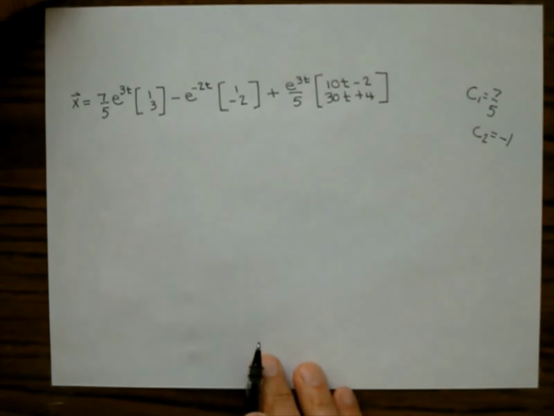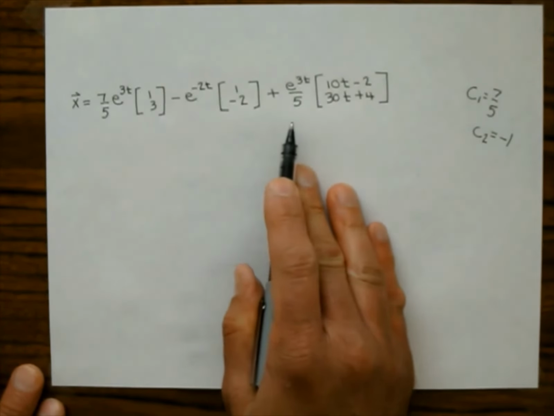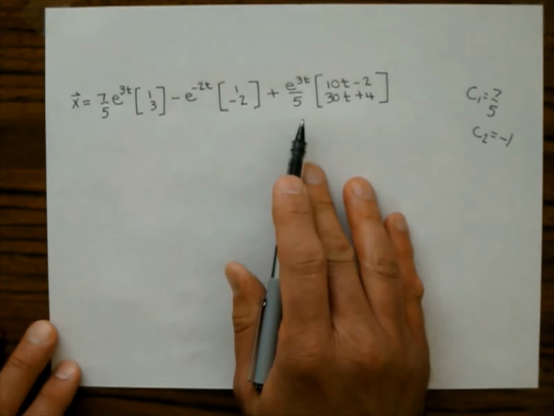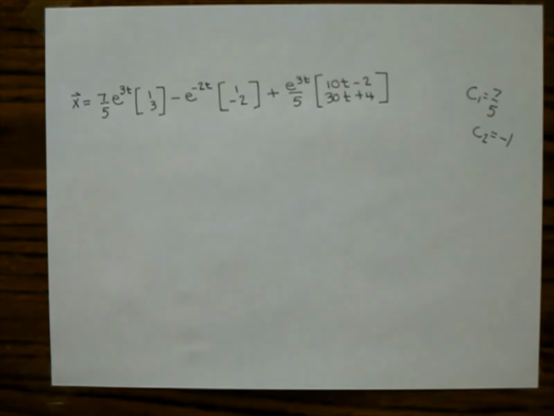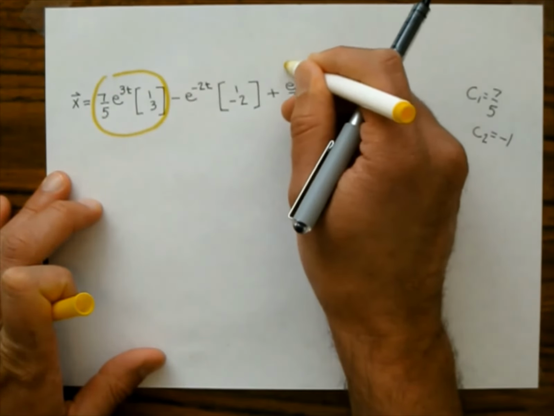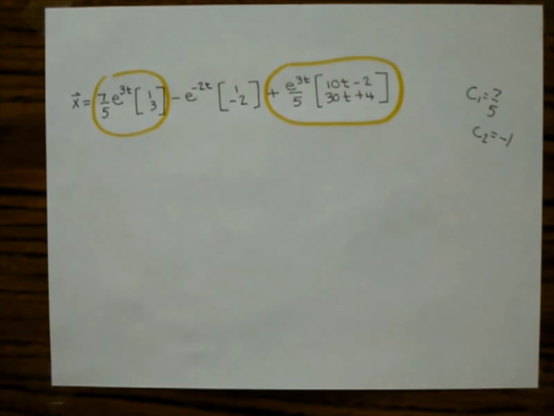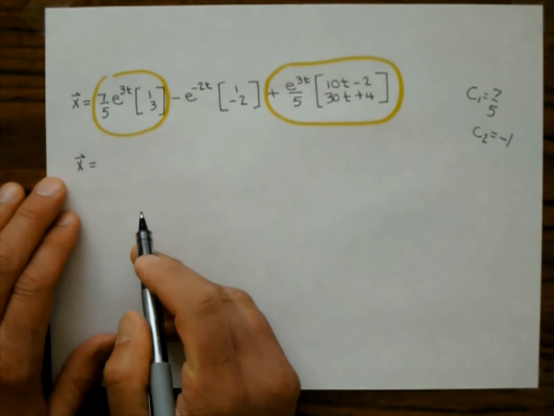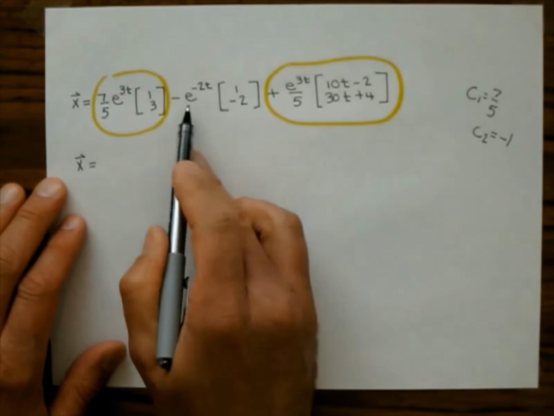Okay, so this is a particular solution because we have the initial conditions. And let's clean this up just a little bit more here. I noticed that these guys right here can be put together, and that's what I'm going to do. So I have x bar equals, and I'll go ahead and put this guy first.